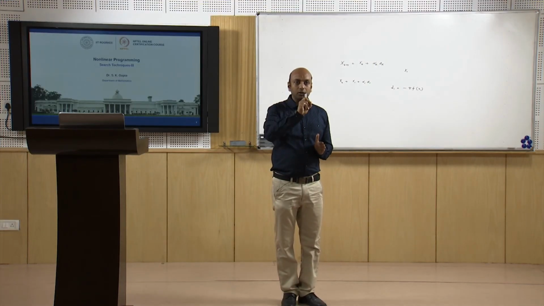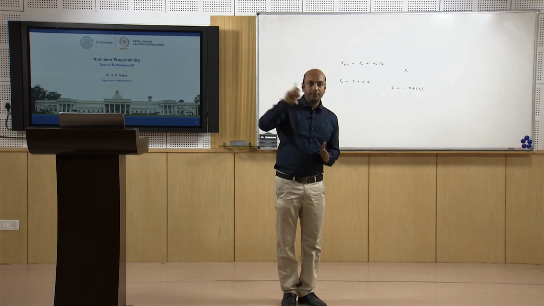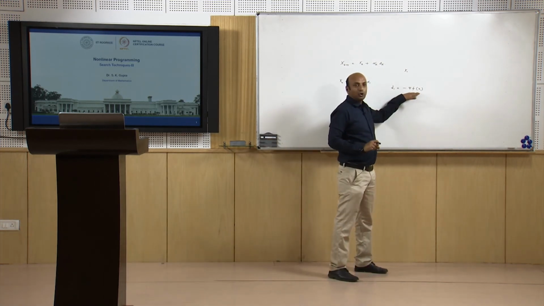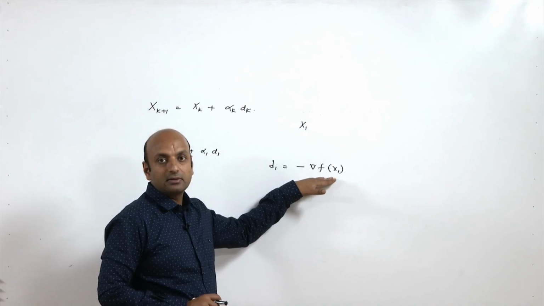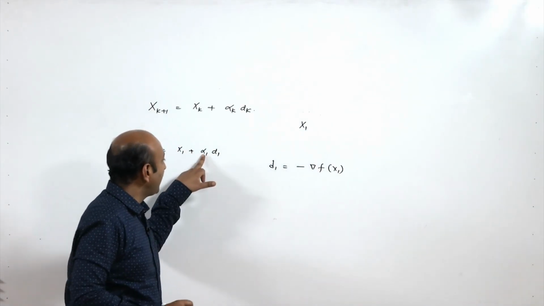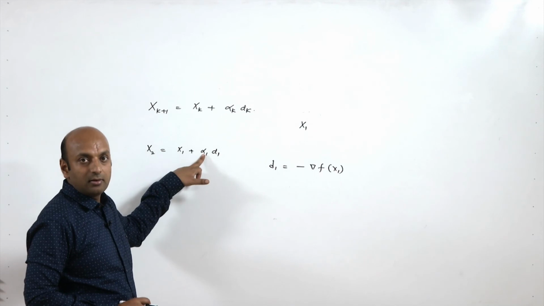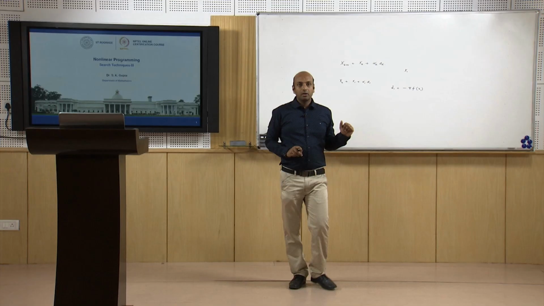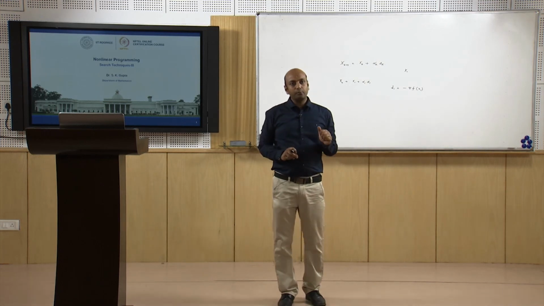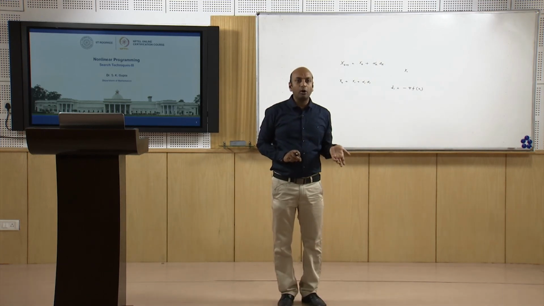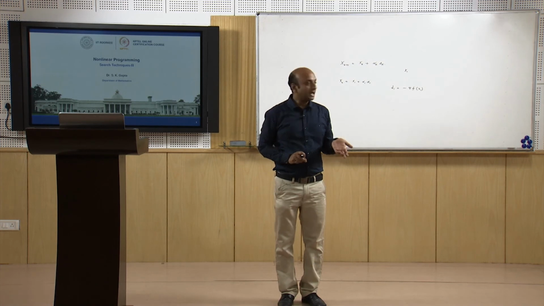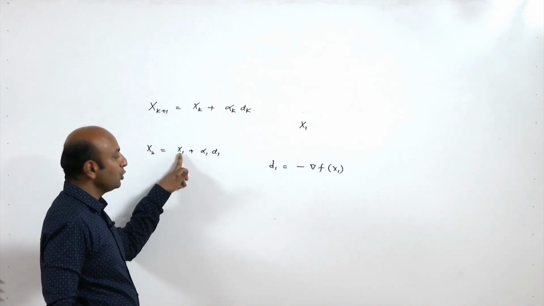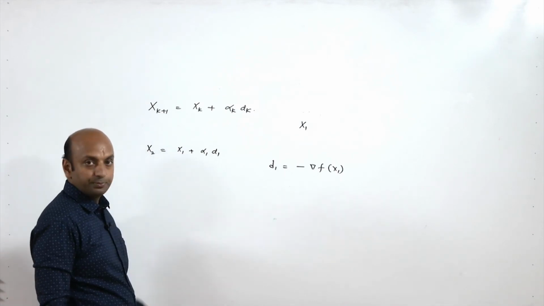We move along negative of gradient of f at x 1, because we know that along this direction the value of f will decrease. Okay. And to find the optimal step size, we substitute this x 2 in the function, find the derivative of f, put it equal to 0, and that will give the optimal step size alpha 1. Using alpha 1 and d 1, since x 1 is known to us, we can find x 2.